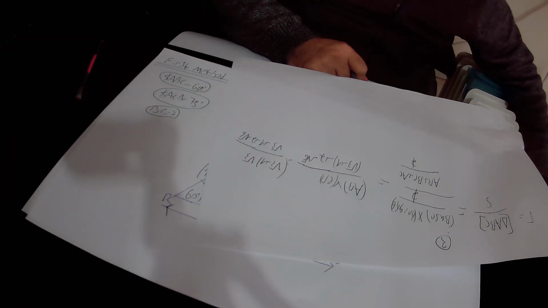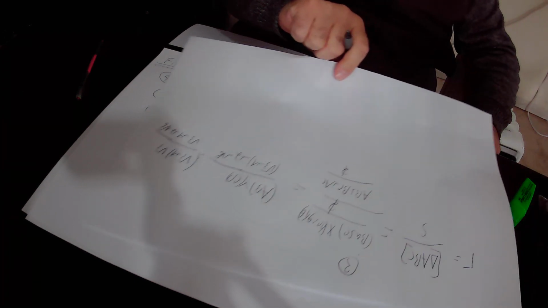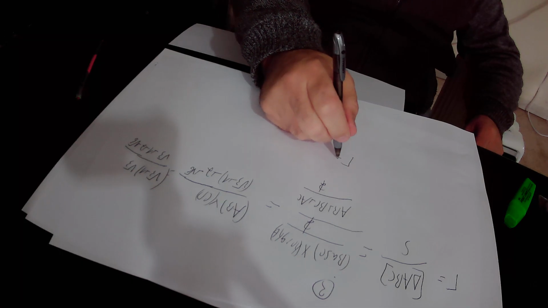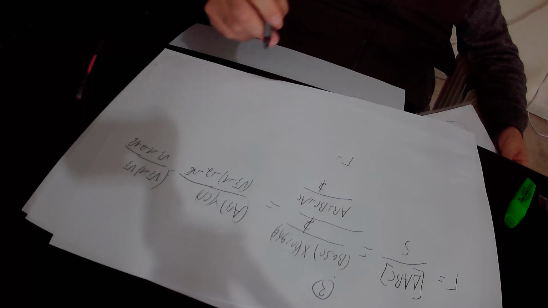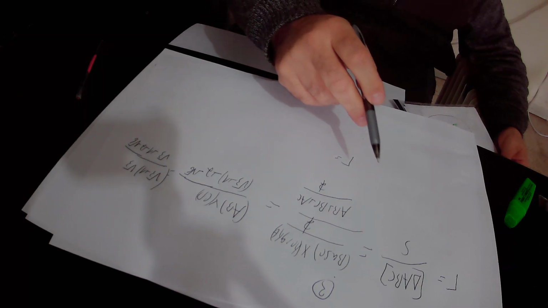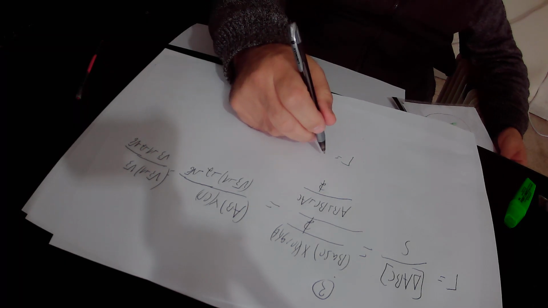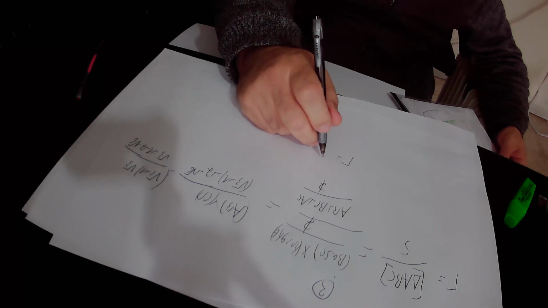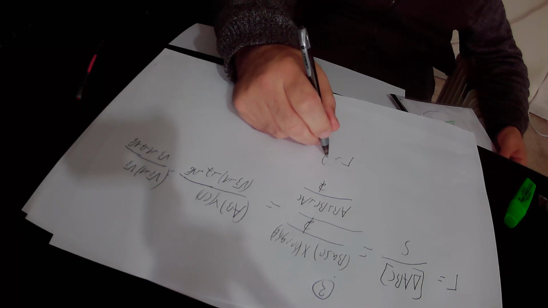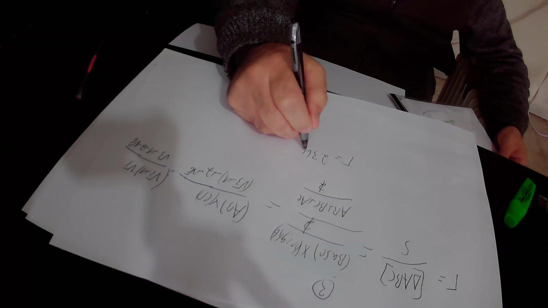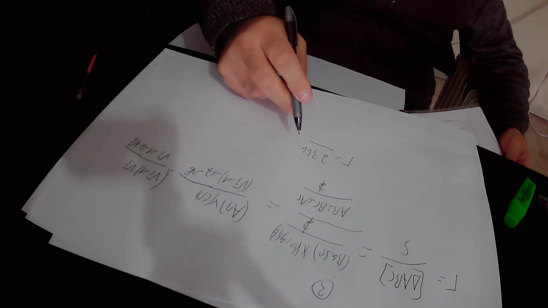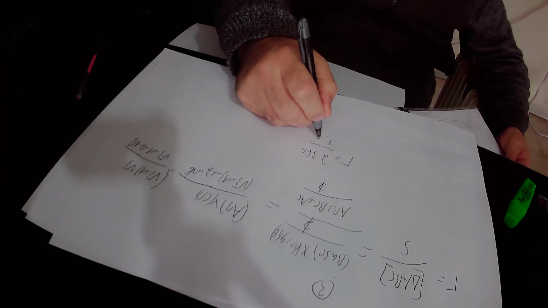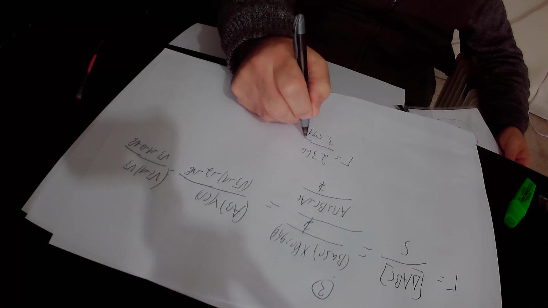So here, the radius R equals the area of triangle ABC, which equals 2.366 square units, divided by the semi-perimeter of the triangle, that is 3.591.